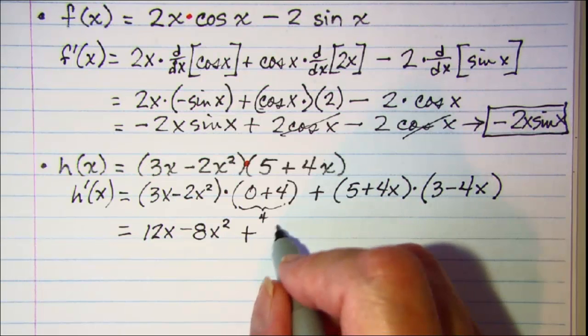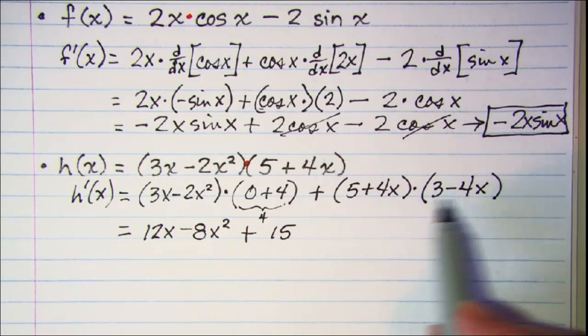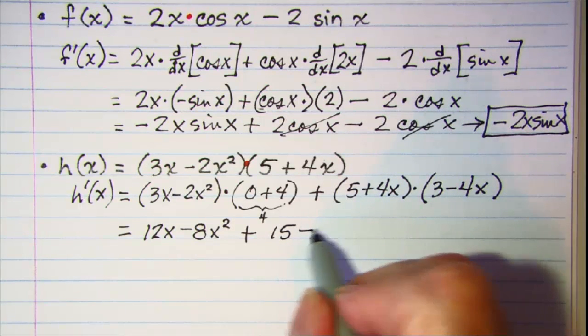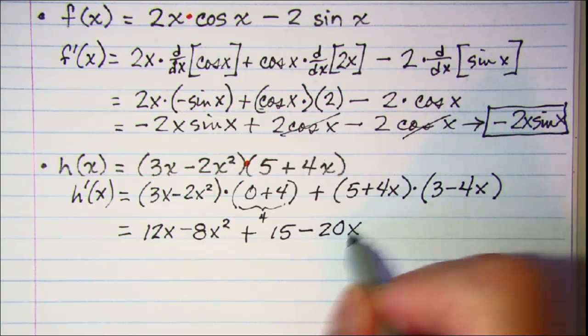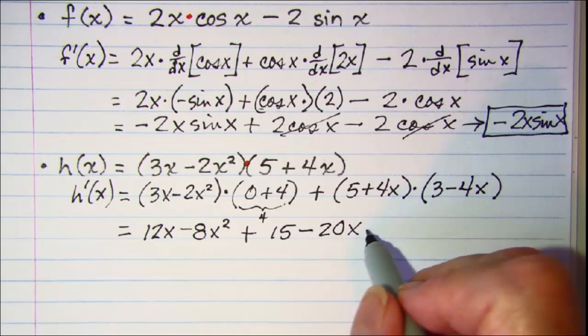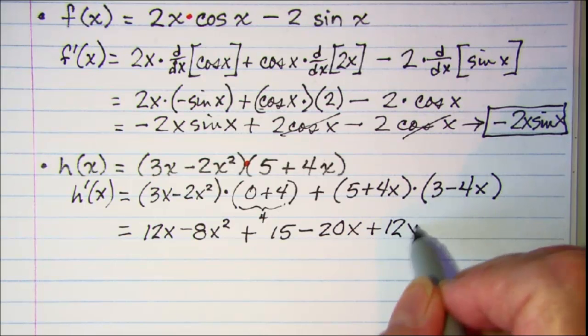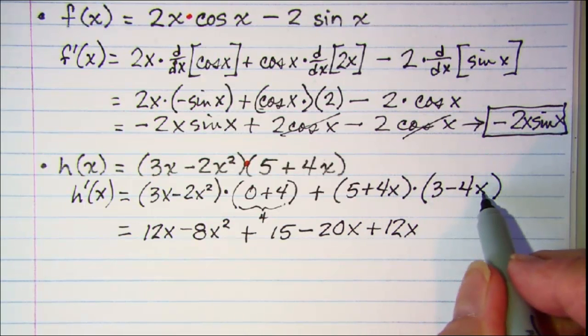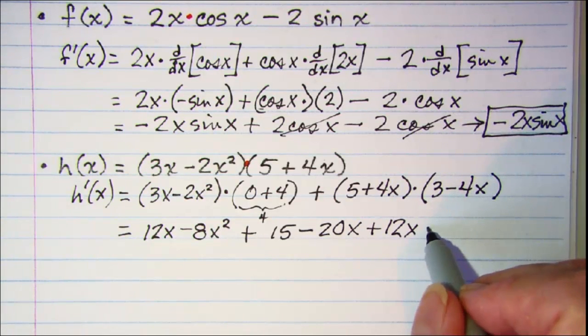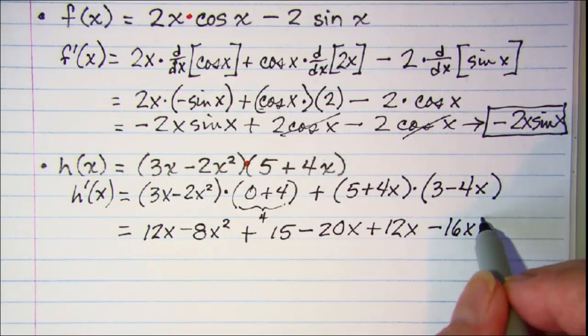5 times 3 is 15. 5 times a negative 4x is a negative 20x. 4x times 3 is 12x. And then 4x times negative 4x is a negative 16x squared.